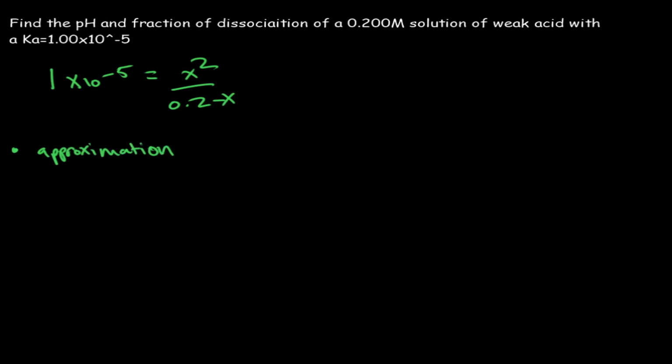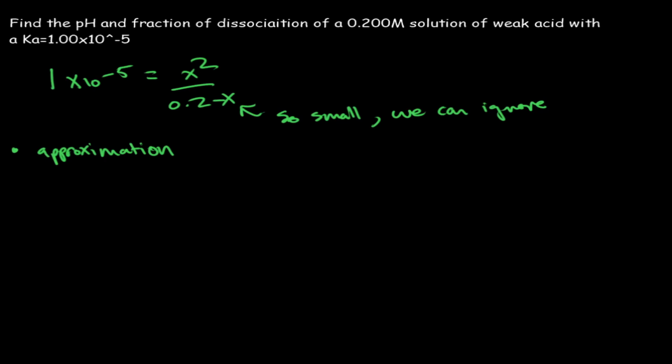So the approximation method is simply stating that in the denominator, our X value is so small we can ignore it, because it's not really going to take away from the value 0.2.